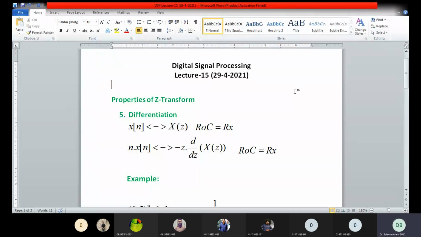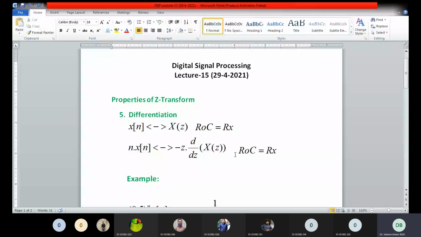The fifth property is the differentiation property. It says that if you have x of n and its Z transform is x of z, with ROC given by R of x, and you multiply x of n by a ramp function n, then the Z transform equivalent is obtained by multiplying the existing Z transform by minus z and differentiating it with respect to z.